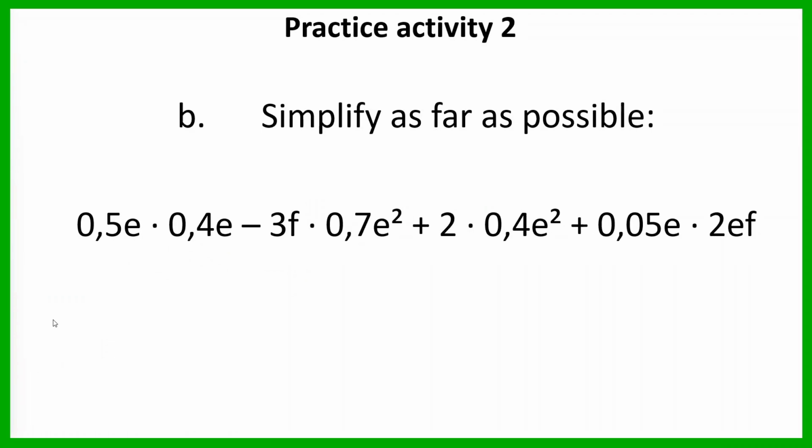In question B, you've got 0.5e times 0.4e minus 3f times 0.7e squared plus 2 times 0.4e squared plus 0.05e times 2ef. Okay, so in this question, now you've got coefficients that are decimal fractions. So you have to use what you know about working with decimal fractions to help you with this question.